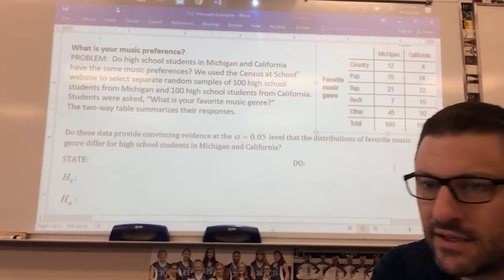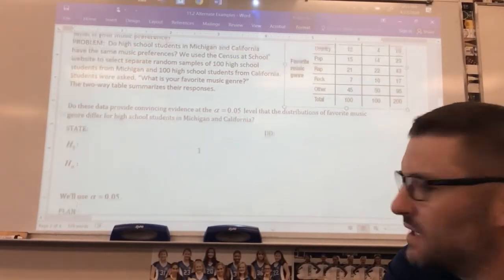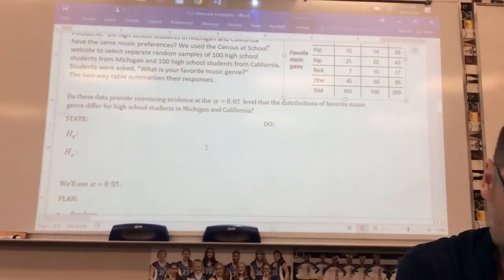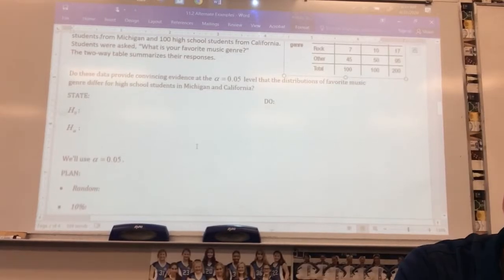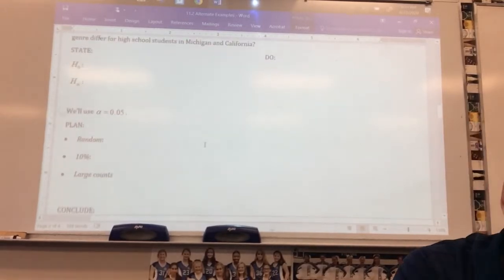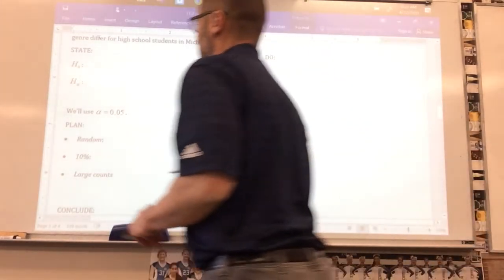So there it is. I'm going to have to zoom out a little bit here. And we're going to have to go through a pretty complete problem here to do this. And I'm going to get you most of the way there. All right, so state. Well, my null hypothesis, state.